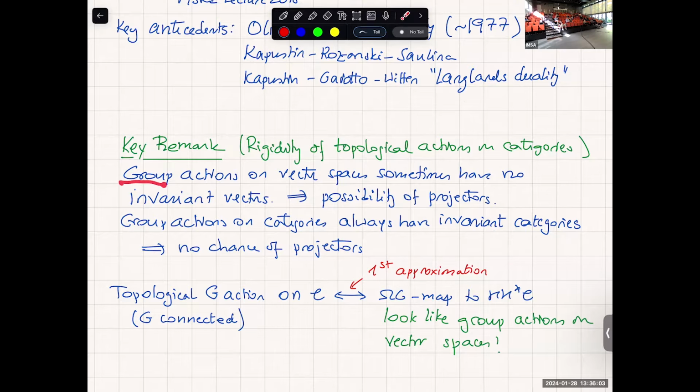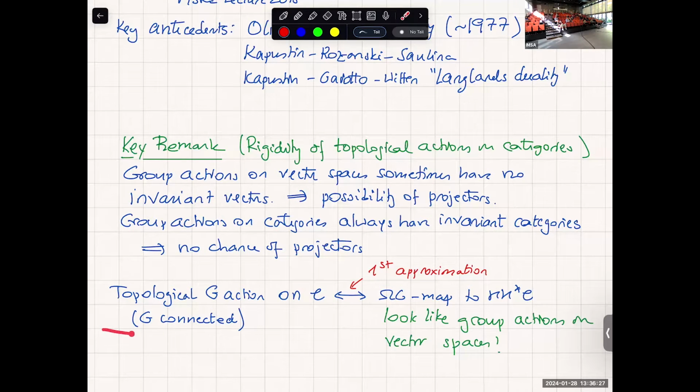So one key distinction you see is that when groups act on vector spaces, sometimes there are no invariant vectors. You get 0 as a space of invariants, and that's why you can construct projectors. When groups act on categories, there's essentially always an invariant category. It would even be much bigger than the original. So you're not constructing projectors from that.